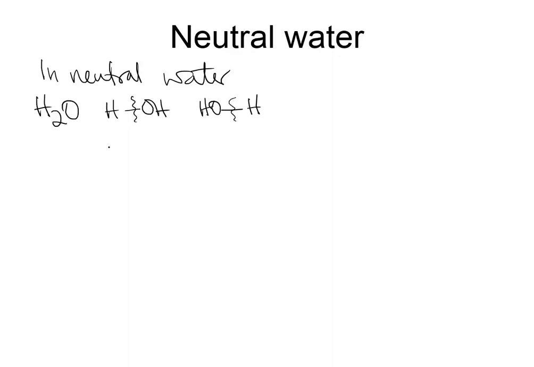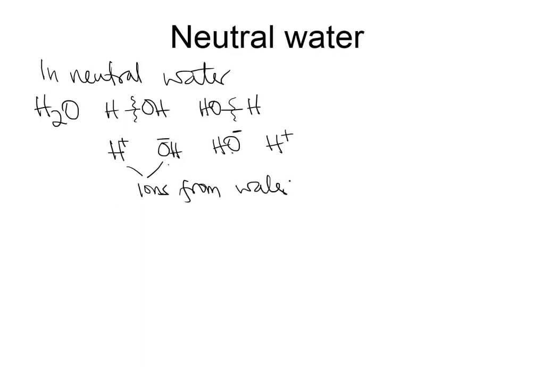So when this one is cut, we also have H plus and OH minus. So HO minus, which is OH, the same thing. This is the same thing as this, and H plus. So these are ions from water. All these are ions from water.